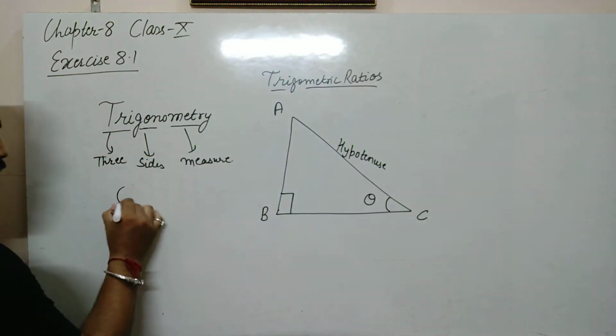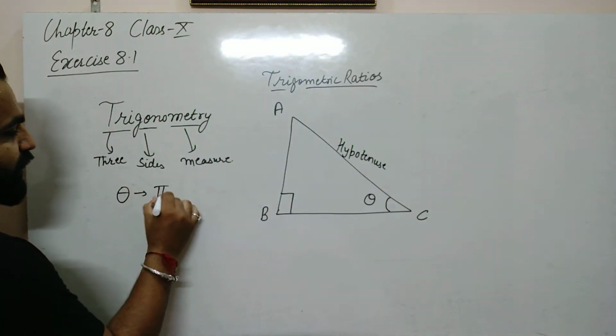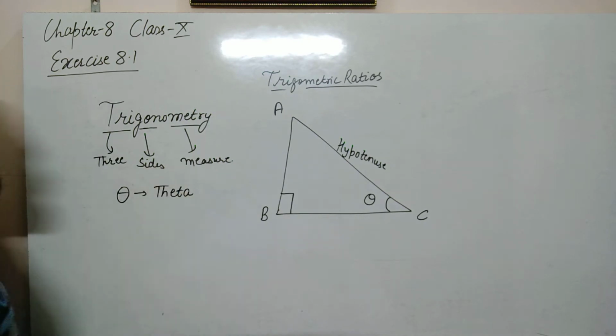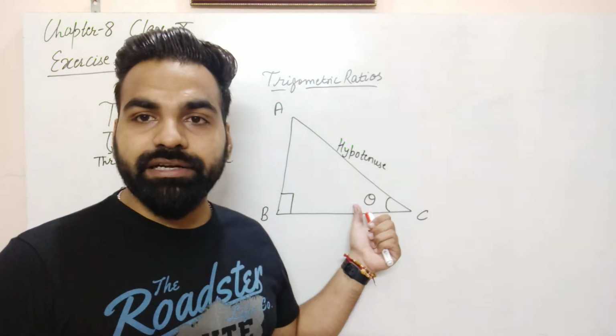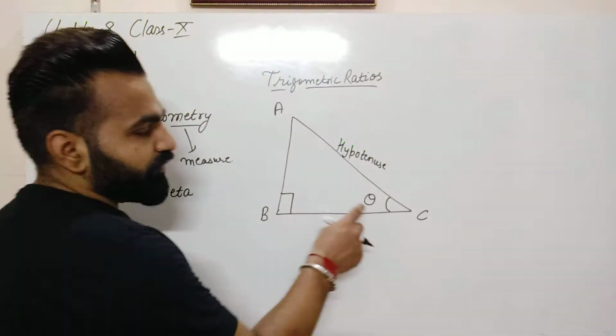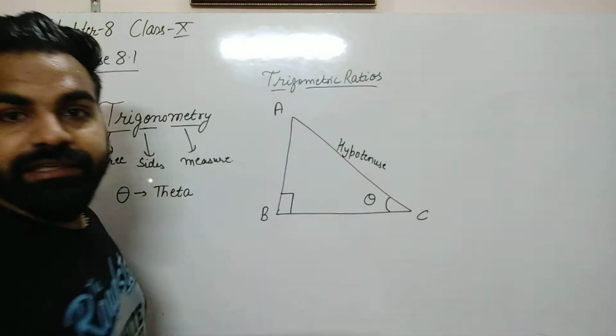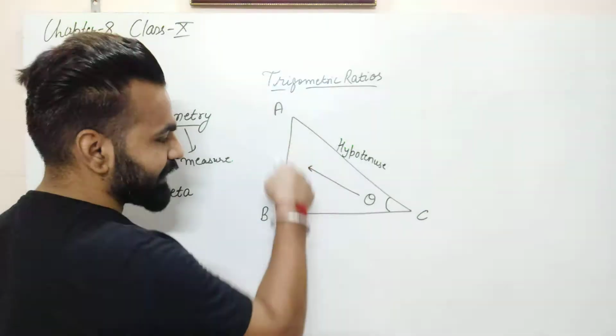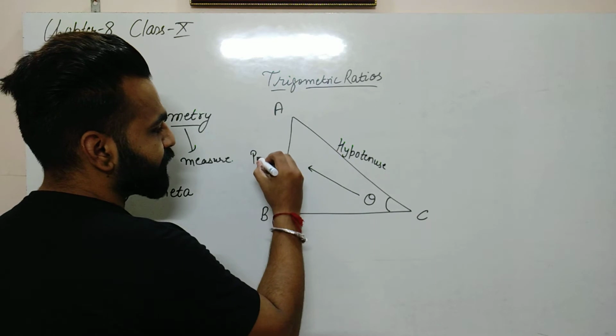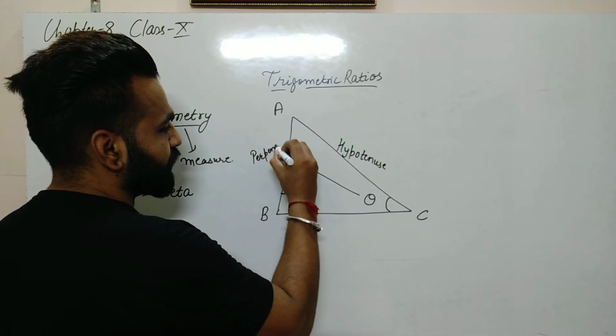This symbol is called theta, and it is generally used to represent an angle. So if we are talking about this angle theta, then the side opposite to this angle, that is AB, will be the perpendicular.